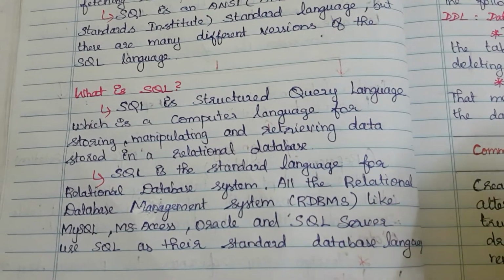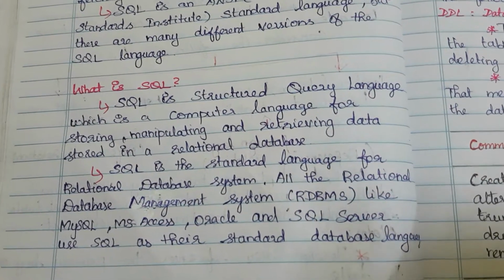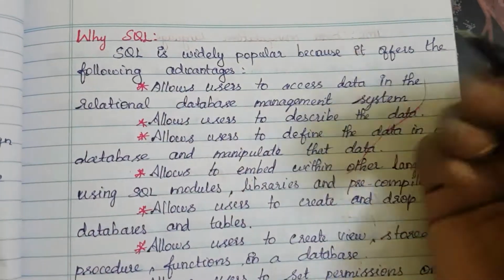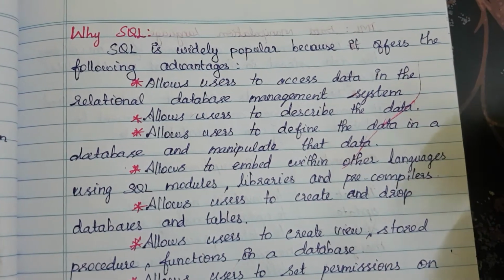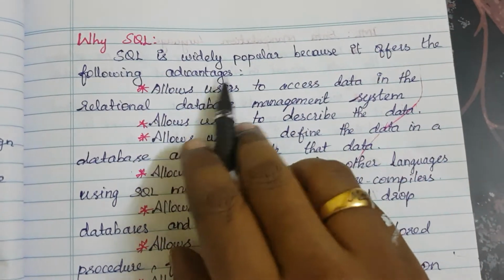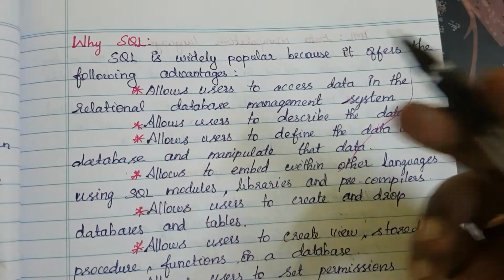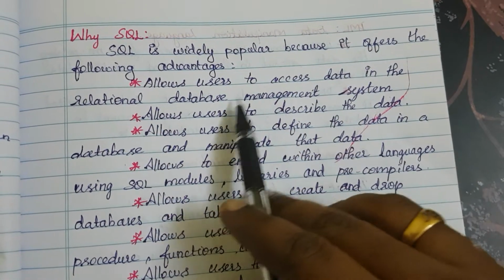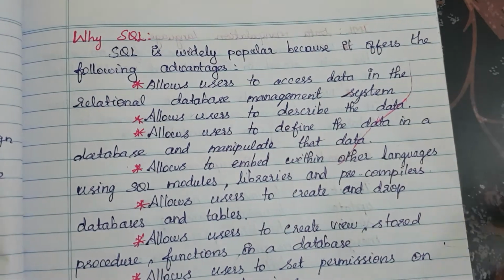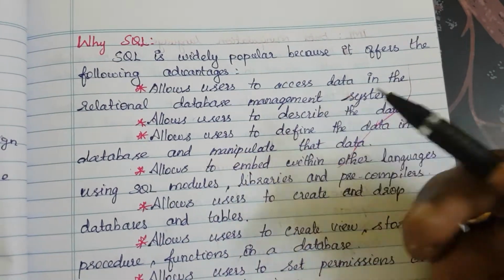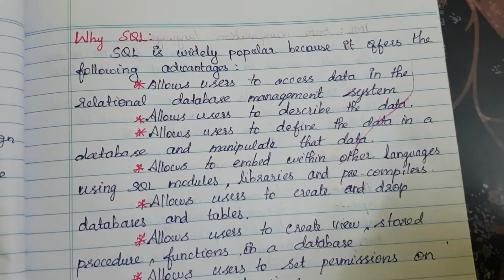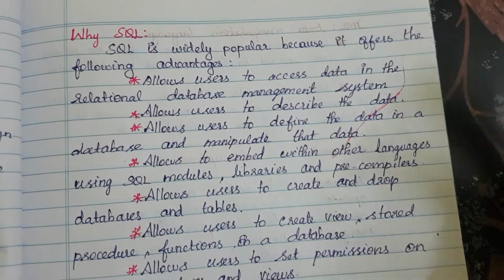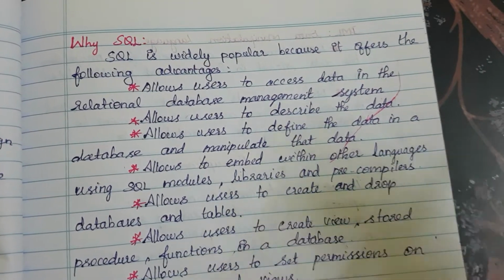Now we are going to see the advantages of SQL. So why SQL? SQL is widely popular because it offers the following advantages. It allows users to access data in the relational database management system, that is RDBMS. The user can access the data at any time, anywhere.